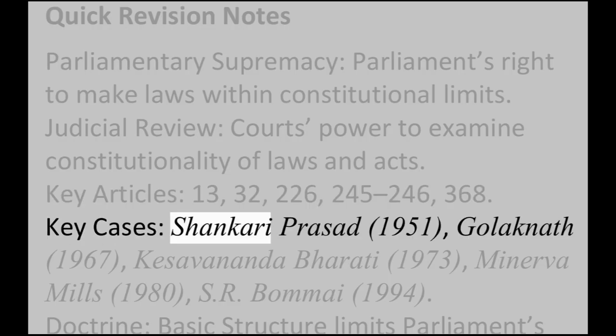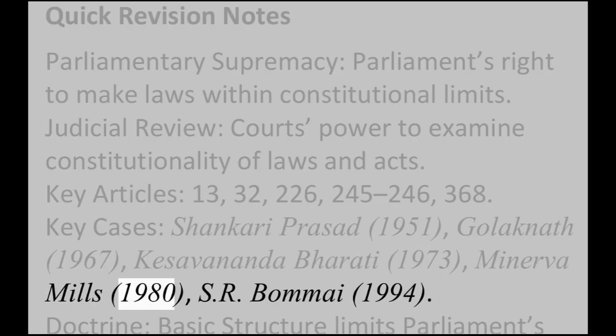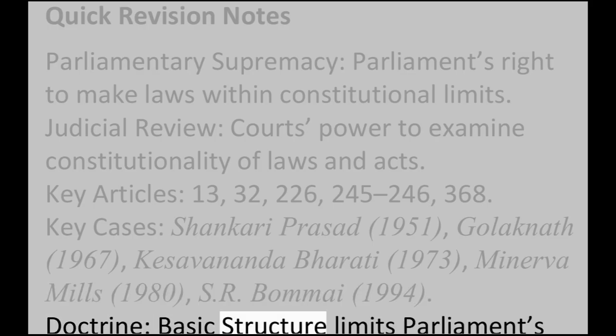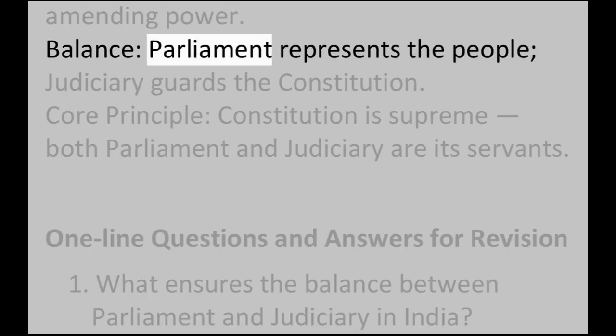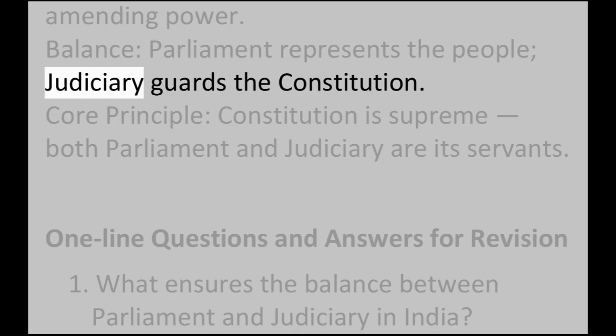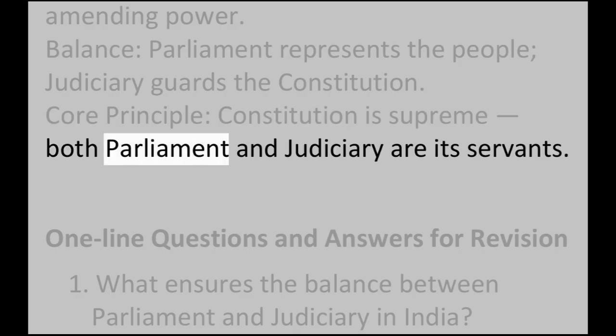Key cases: Shankari Prasad, 1951; Golaknath, 1967; Kesavananda Bharati, 1973; Minerva Mills, 1980; S.R. Bommai, 1994. Doctrine: Basic structure limits Parliament's amending power. Balance: Parliament represents the people, judiciary guards the Constitution. Core principle: Constitution is supreme, both Parliament and judiciary are its servants.